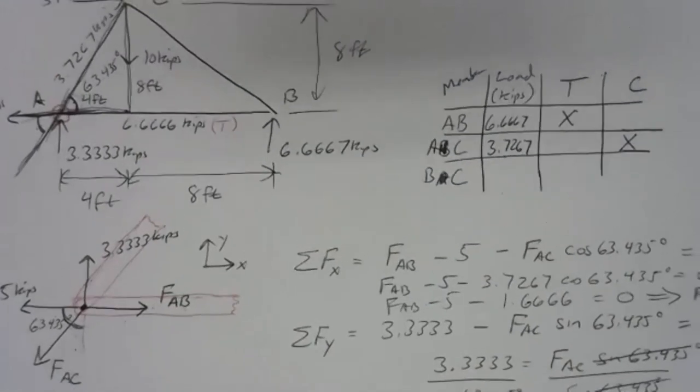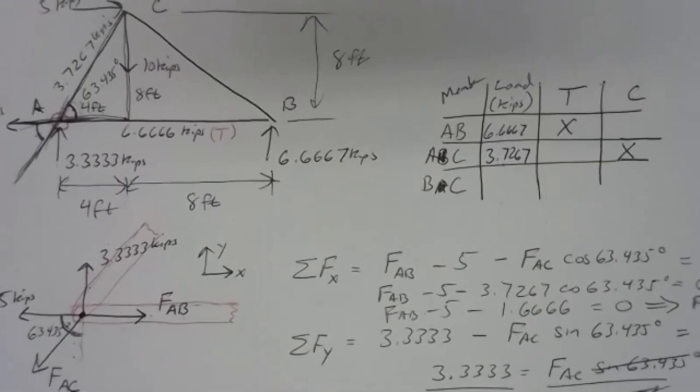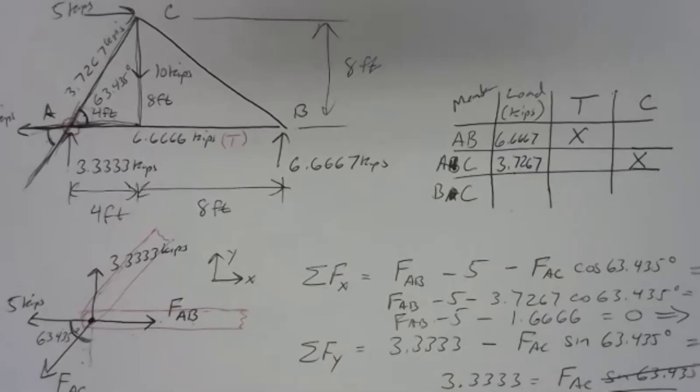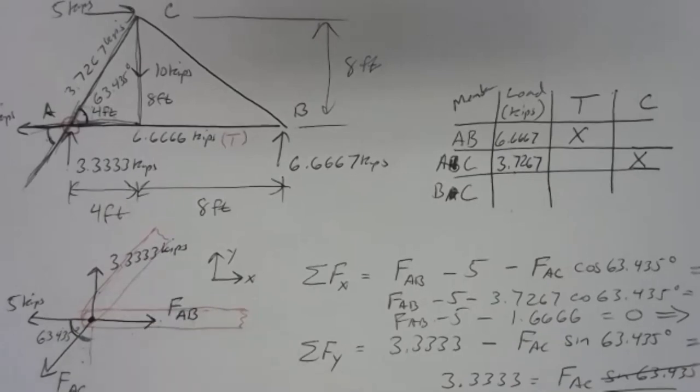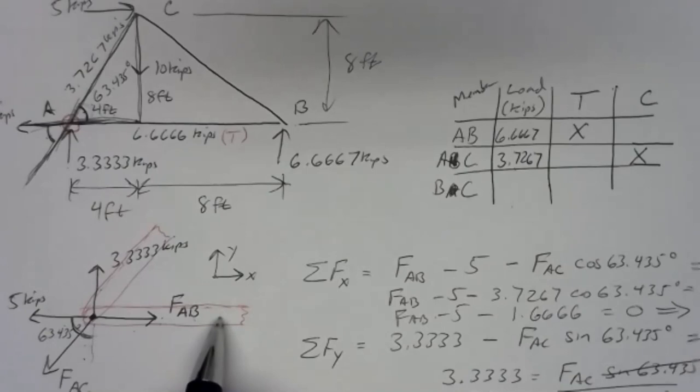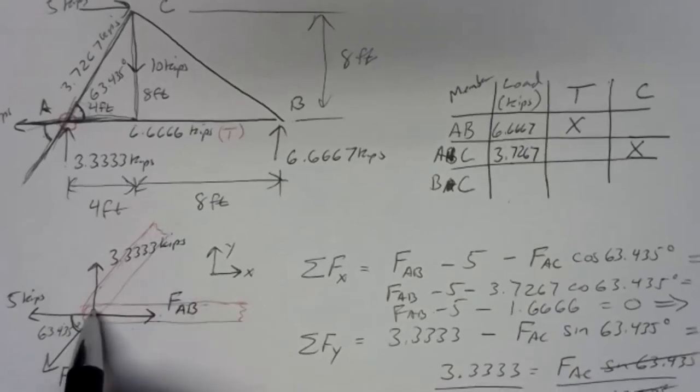So if you're feeling a little confused right now, especially with respect to tension and compression, go back and review the video, watch this section again and again and again until it makes sense, or until you're at least willing to accept that when the joint shows an arrow toward the middle of the member, it's tension, and when the joint feels a force away from the member, it's compression.